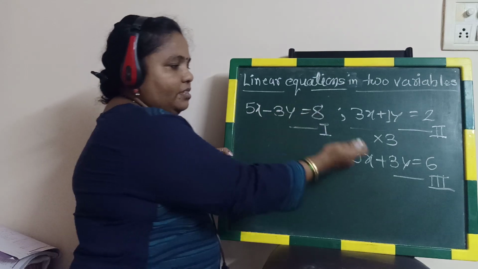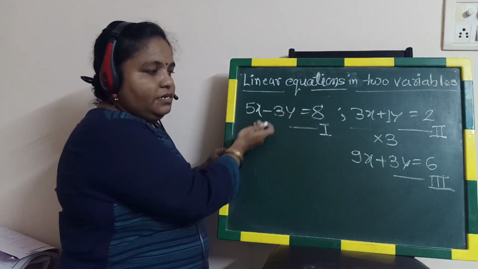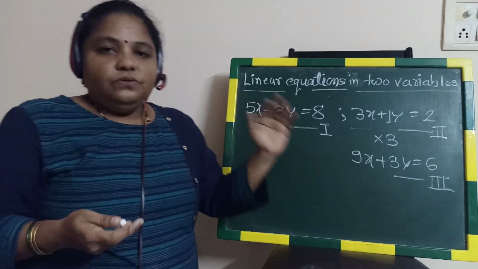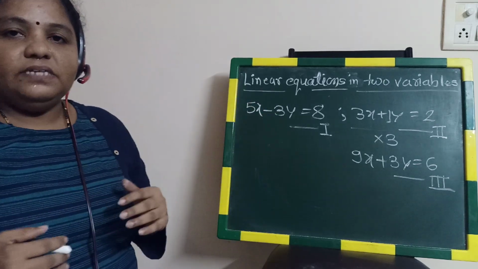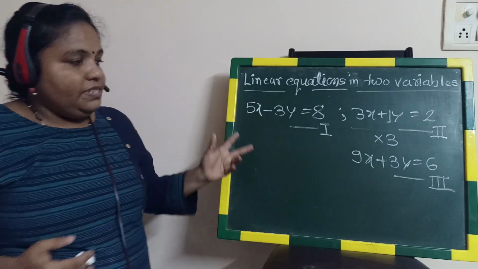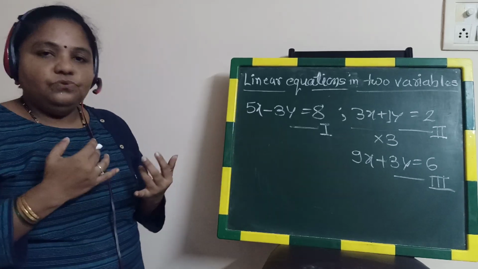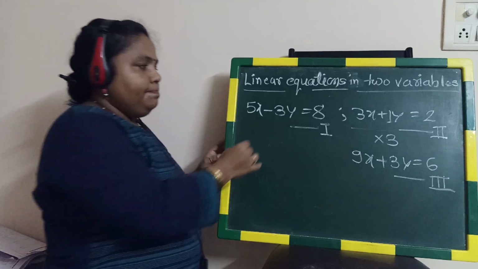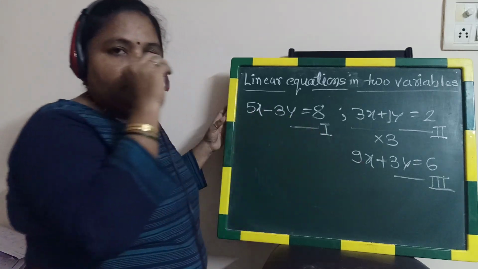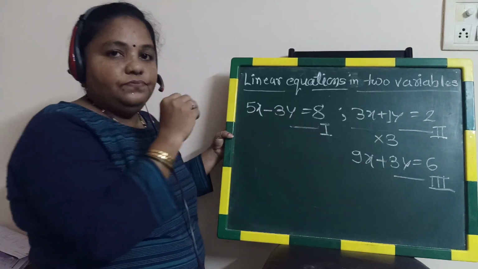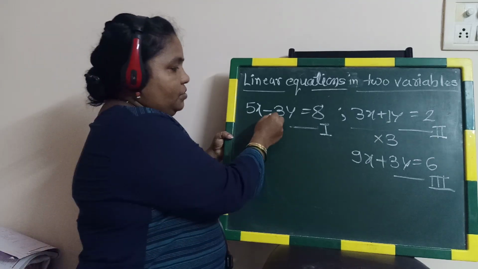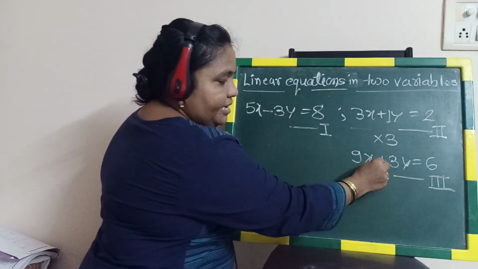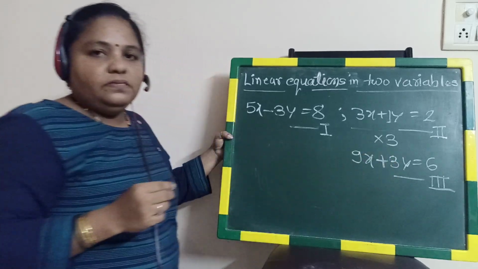Now we just have to solve these two equations, equation 1 and equation 3. After equating the coefficients, we have to decide what to do with those two equations: either addition or subtraction. It totally depends upon the signs of the variable which you are going to equate. Here this term has a minus sign, and here this term has a plus sign.